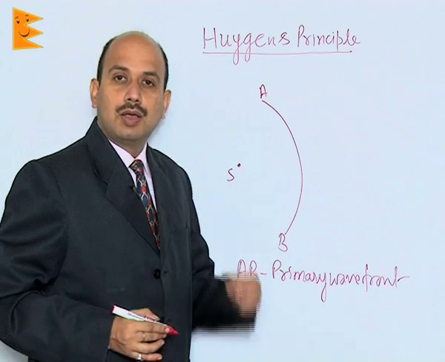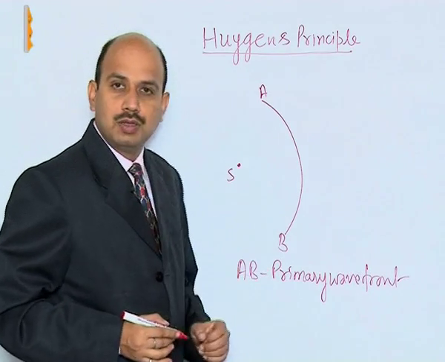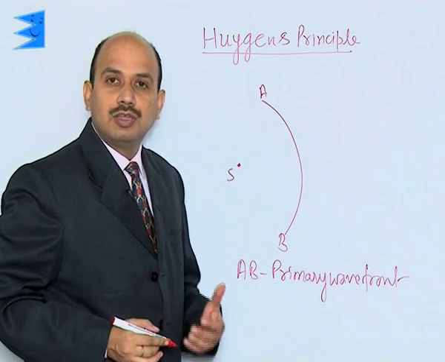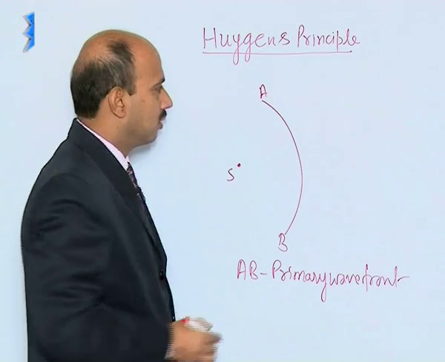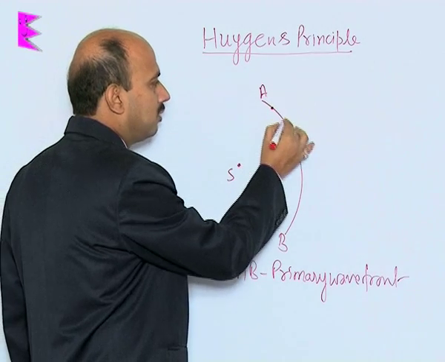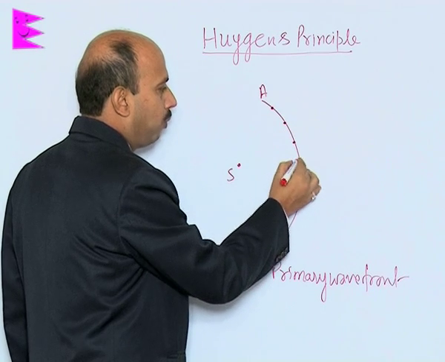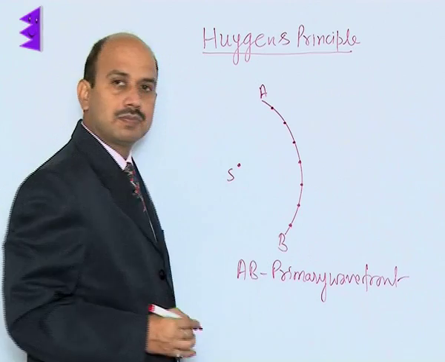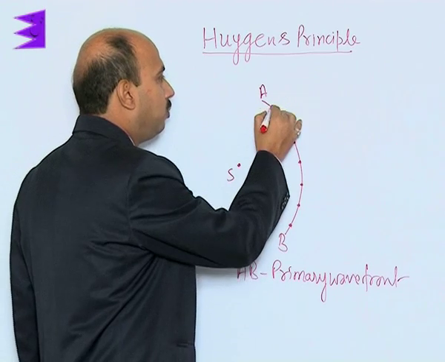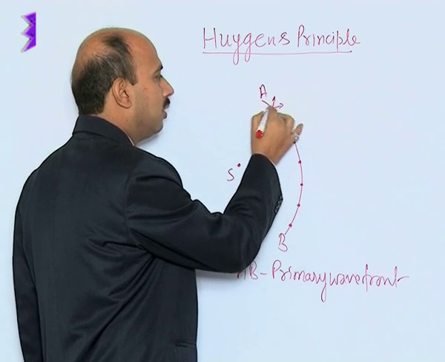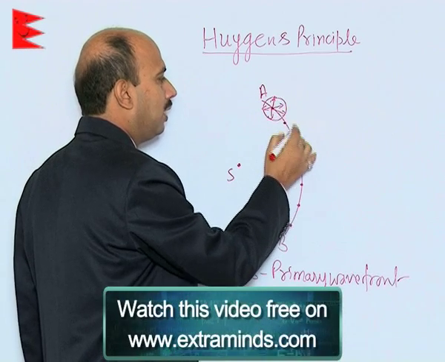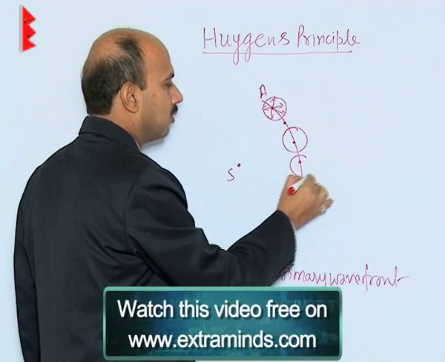Now, according to Huygens principle, every point of this wavefront acts as a new source of disturbances. Suppose there are these points I have taken, and these points are acting as new sources of disturbances. These points are emitting disturbances, or giving out disturbances, in all directions like this.